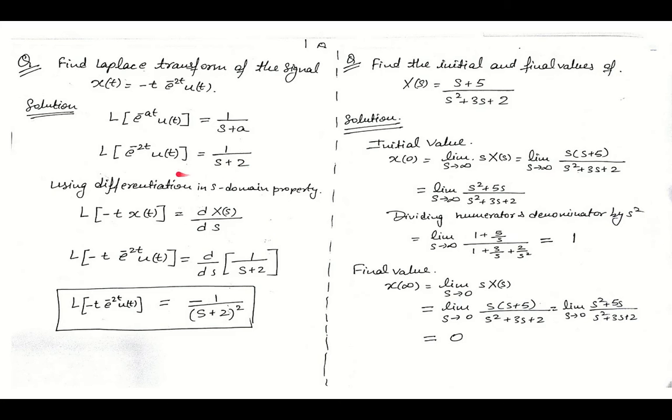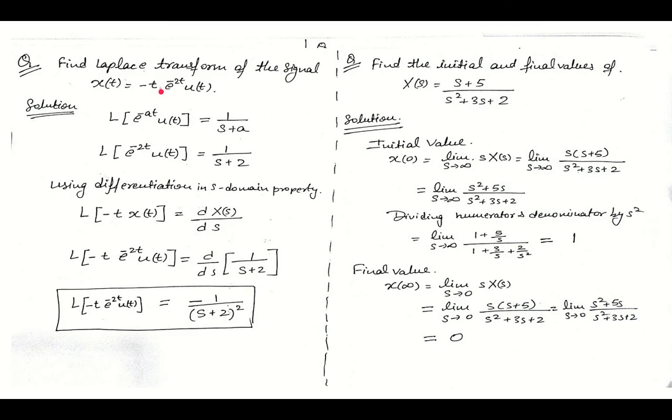Now, according to the differentiation in S domain property, if it is minus t into x(t), then it will be equal to dX(s) upon ds. In this numerical, we can take this term as a whole.